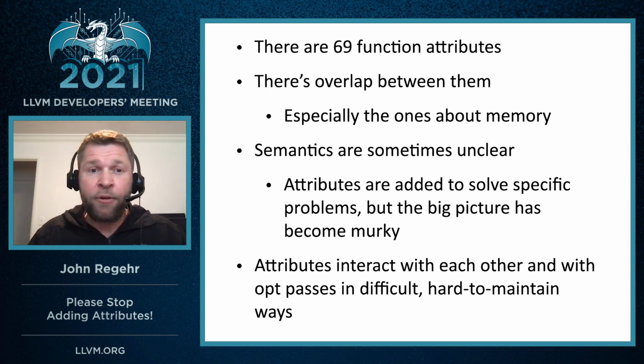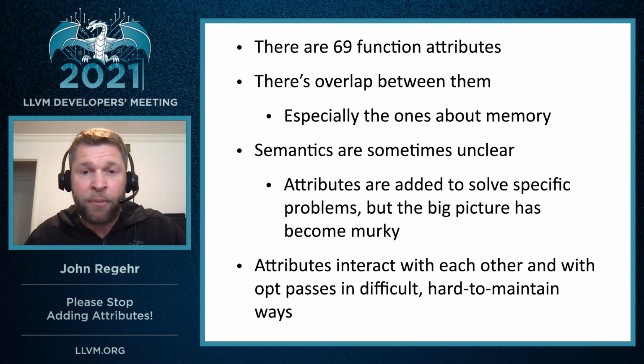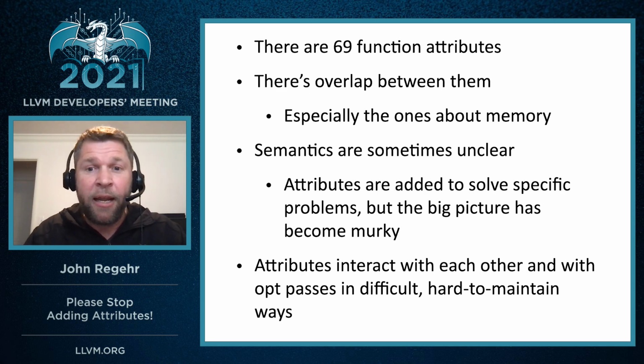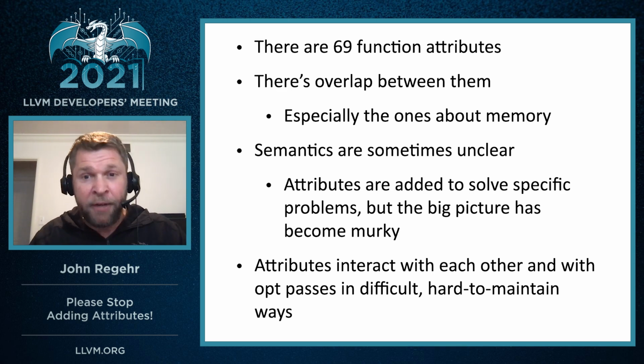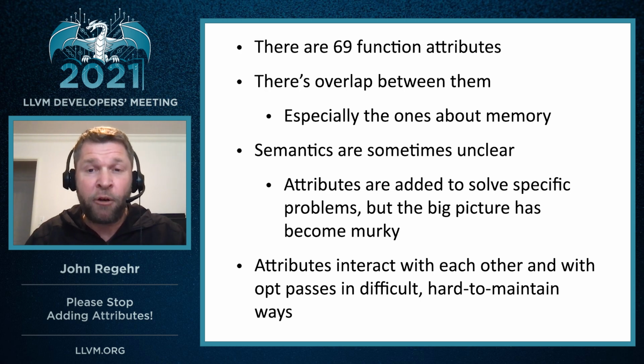The dynamic here is that people want to support some optimization, some transformation. To justify that transformation, they add an attribute that communicates the necessary information to make it safe from some other part of the compiler. That's good and it works. But the problem is people do this separately, one at a time, without necessarily looking at the big picture of all the attributes that are already there.